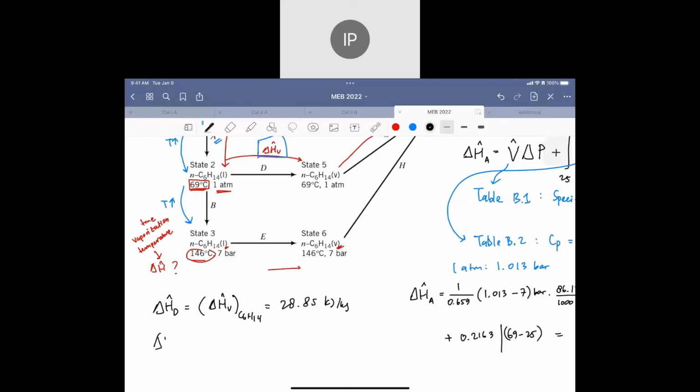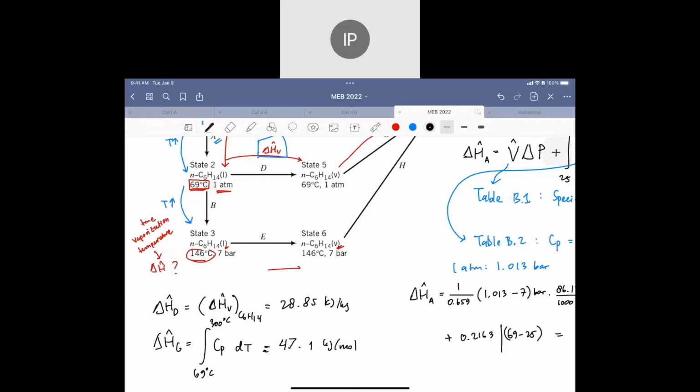And the last one is G. We just take the integration from 69 to 300 of CP dT, and we calculate the integral and get 47.1 kilojoule per mole.